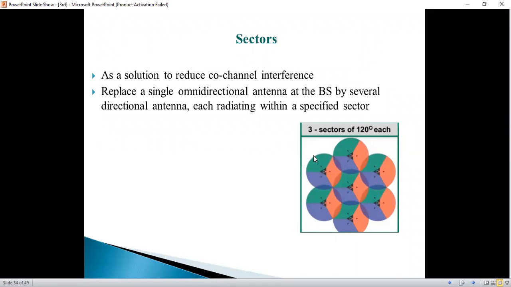When we are using a directional antenna, that antenna is not providing 360-degree coverage. It is providing coverage in the particular direction it is facing. Yes, ma'am. It's clear now.